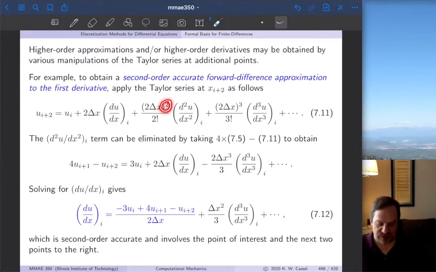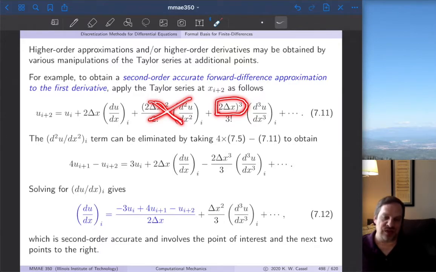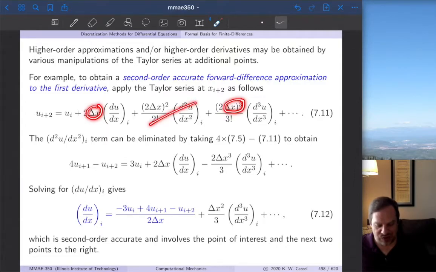That's what gave rise, delta x to the 1, that's what gave rise to our truncation error. So I want to get rid of this term, because if I can get rid of this term, then the first term that's kept is this one, which is now a delta x squared. It starts as delta x cubed, but then I divide through by delta x, and it becomes delta x squared. So if I can get rid of this term, then I can solve for my first derivative, and I'll have a delta x squared order accuracy, second order accuracy.